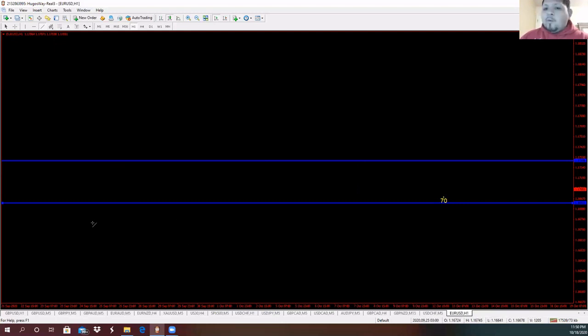So whenever we're looking for bearish divergence, we want our first hit, our first high to be at the 70 or above the 70. Sometimes it might go above it, like I said. So we want to see a high touch the 70, and then we want to wait for a lower high on the RSI, okay?